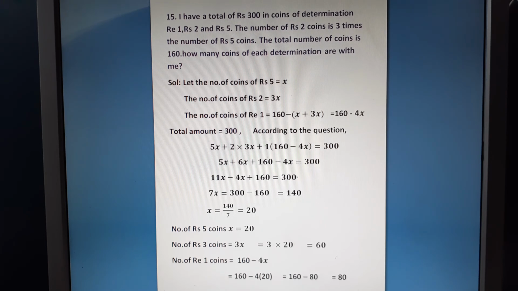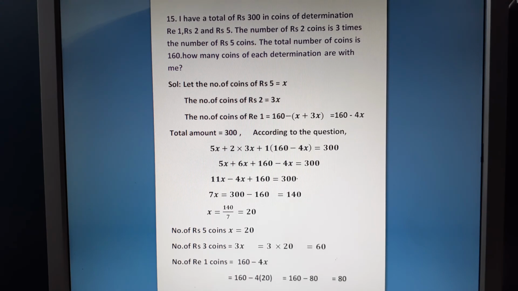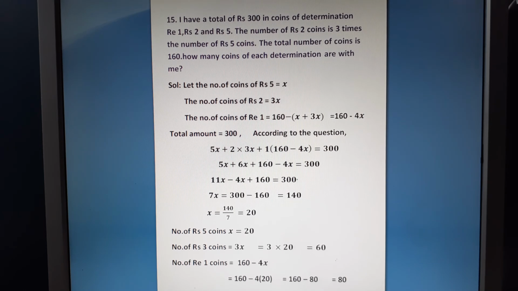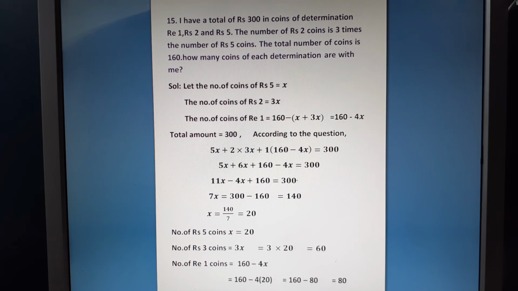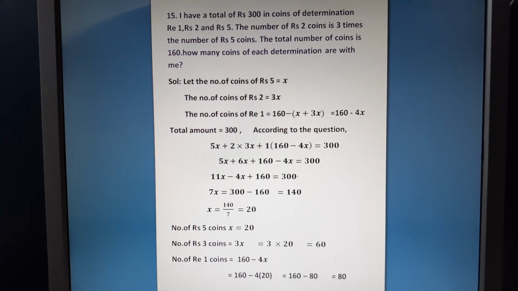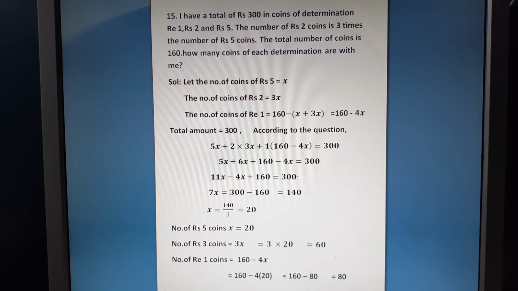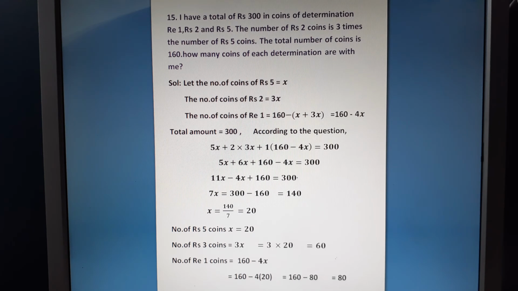How many coins of each denomination are with me? Solution. Let the number of coins of 5 rupees be x. The number of coins of 2 rupees be 3x. And the number of coins of 1 rupee is equal to 160 minus x plus 3x. That is 160 minus 4x.